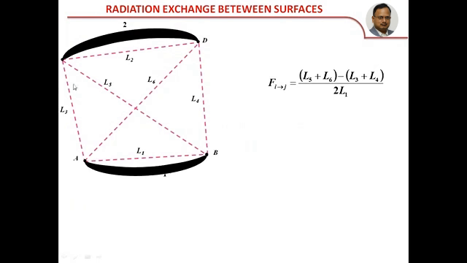For example, body 1 is like this and body 2 is like this. Join the corners with the sides and diagonals as shown. You will get F1 to 2 is equal to L5 plus L6, two diagonals, minus L3 plus L4, two parallel sides, divided by 2L1.